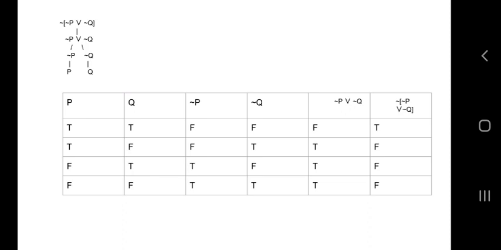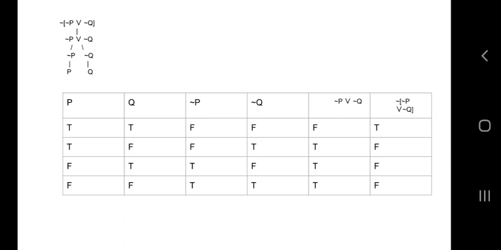And then next, in the decomposition tree, the next step up is the not P and the not Q. So at this point, we're going to have a column for not P, and it's going to be the opposite truth values of the column for P. So we're going to have false, false, true, true. And then next comes the not Q column, and it's going to be the opposite of the Q column.